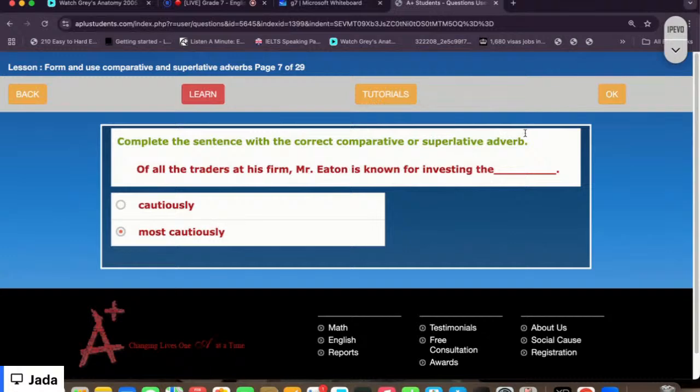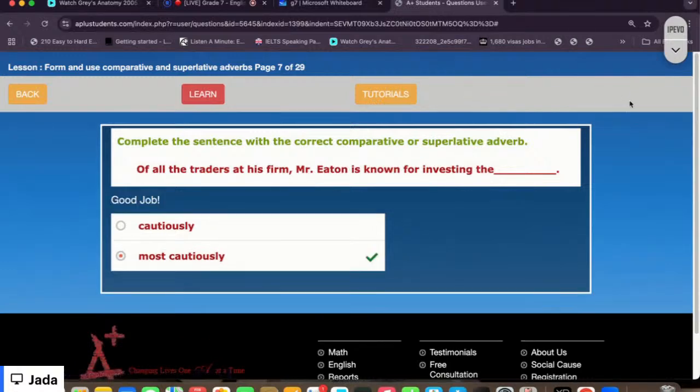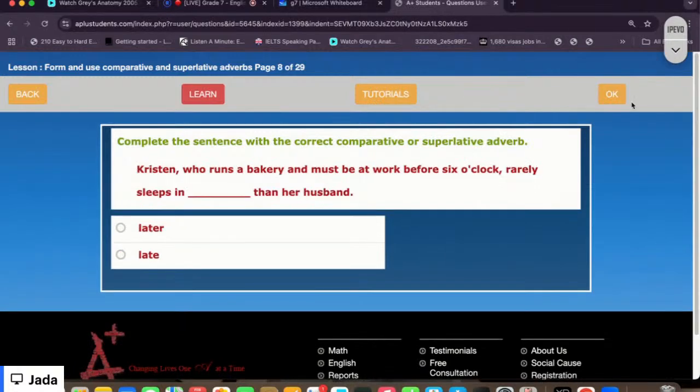Most cautiously. Okay, so we have Christine, who runs a bakery and must be at work before 6 o'clock, rarely sleeps in dash than her husband.